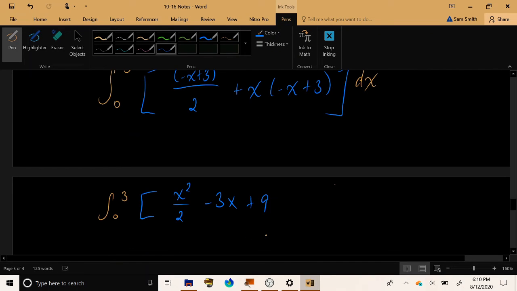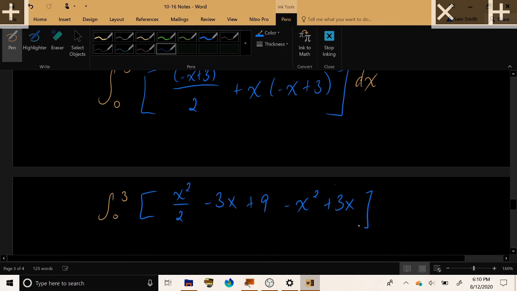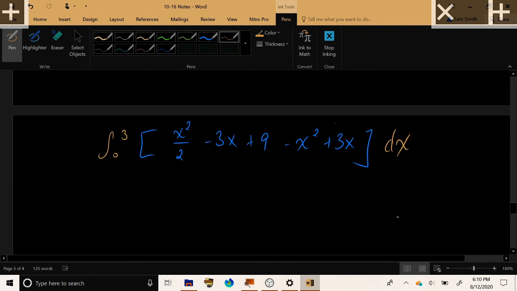And then we can distribute through x, negative x squared plus 3x, which is very nice because we get to combine a lot of like terms. x squared over 2, take away x squared, negative x squared over 2. Negative 3x plus 3x vanishes, and we have plus 9.